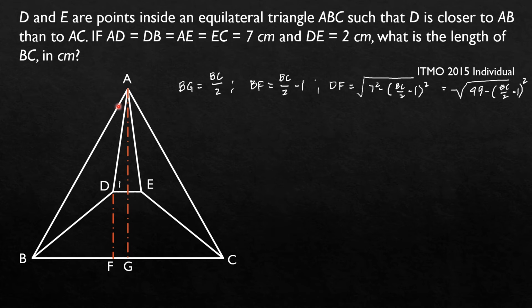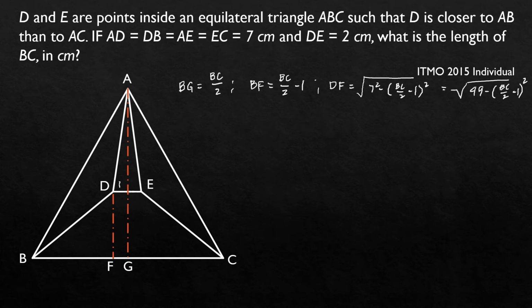If each side of equilateral triangle ABC is equal to BC, then altitude AG, since we let AG be perpendicular to BC, must be square root of 3 times the length of BC over 2. That is from the 30-60-90 degree triangle theorem.